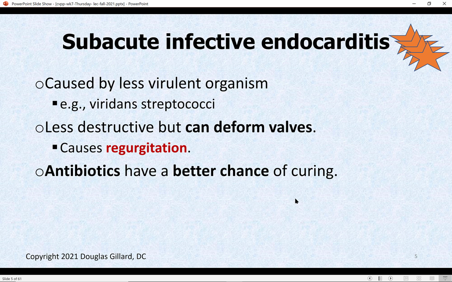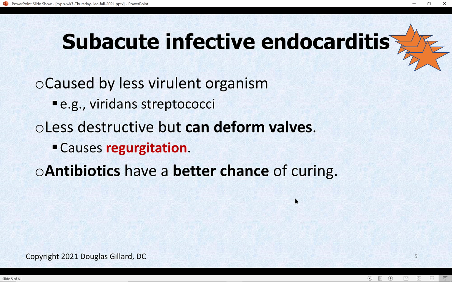There's another type, usually with a pre-existing condition, someone who's had a ventricular septal defect or an atrial septal defect. This one is typically caused by less virulent organisms, such as viridans streptococci, which is a perfect example.